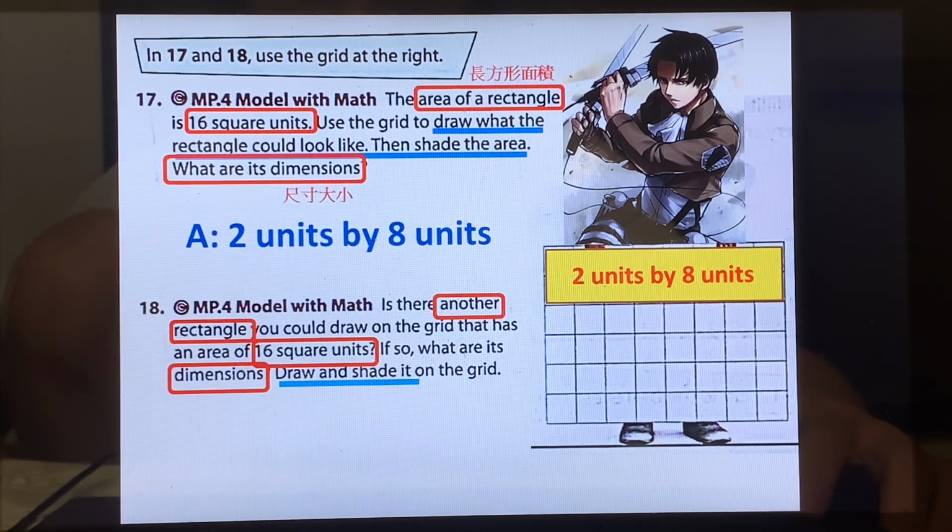Can you think of another rectangle that also has an area of 16 square units but a different shape?